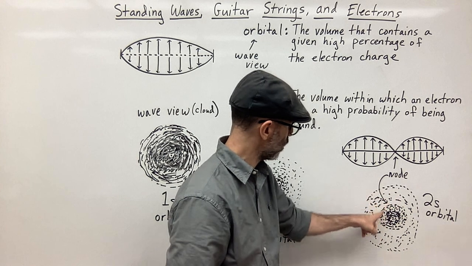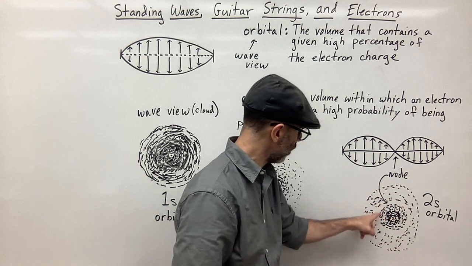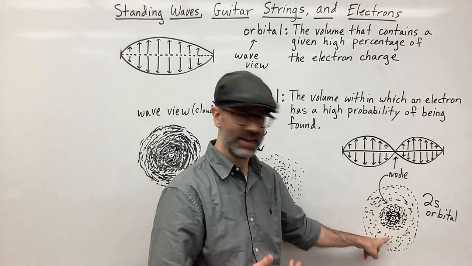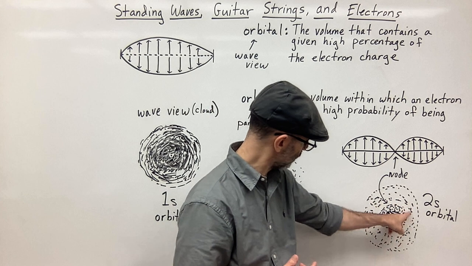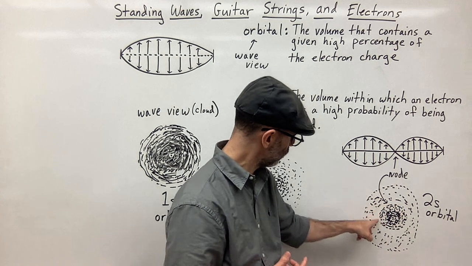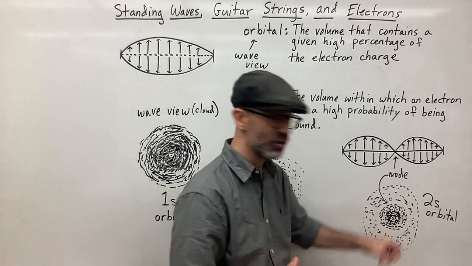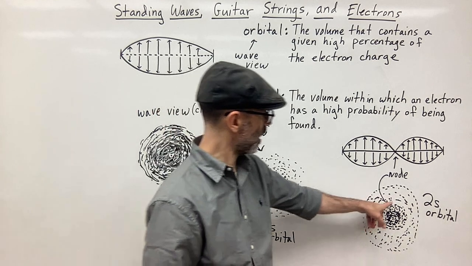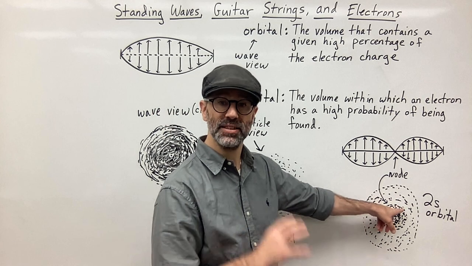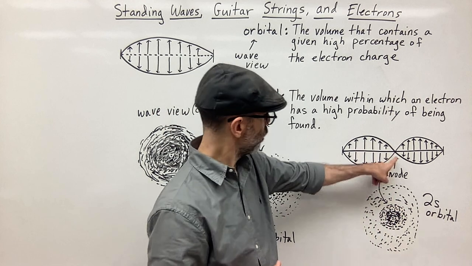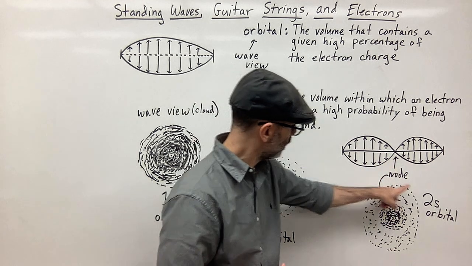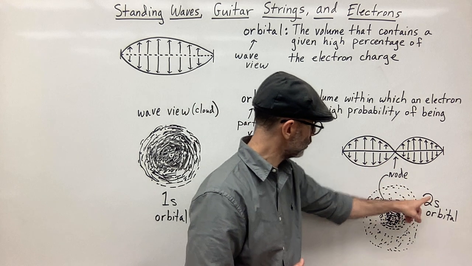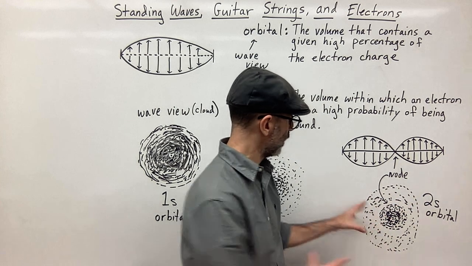And so here you have like a shell where there is no probability. I did my best to make that visible, but hopefully you can see that there's a space here where there's no dots. And so that would represent the node. There's no probability of finding the electron this particular distance away from the nucleus. And so you get a node in the orbital here, your 2s orbital, right? So the 2s orbital has a node in it, and it's larger.